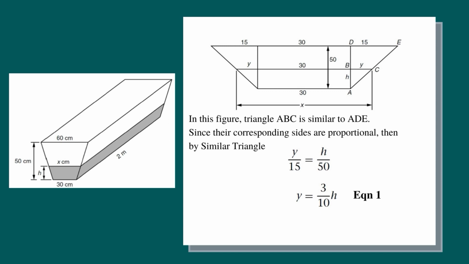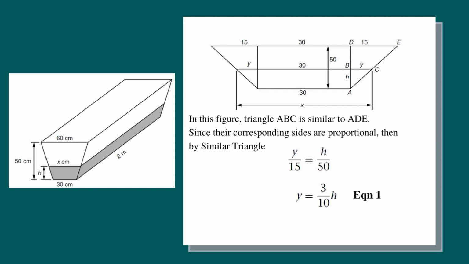Since their corresponding sides are proportional, then by the similar triangle method, the equation would start from y over 15, which is the ratio of the adjacent sides between the two triangles, triangle ABC to triangle ADE.